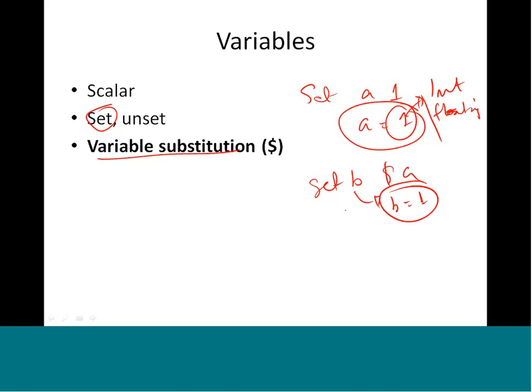Info exists returns a 1 if the variable exists, and if it does not exist, it returns a 0. And then you can also have info vars, and here you can give a wildcard, say x star, and this returns all the variables beginning with x.